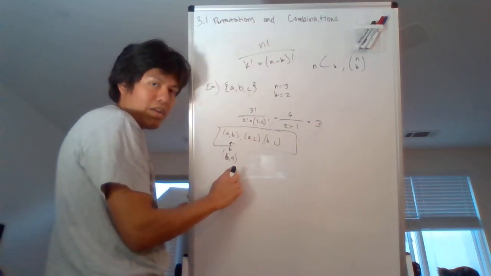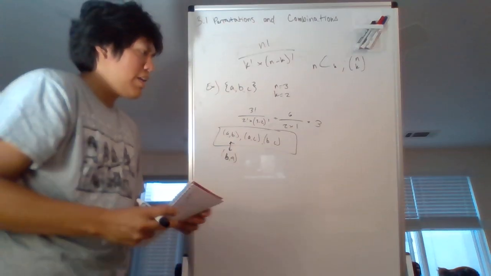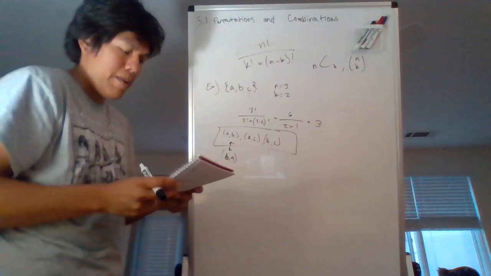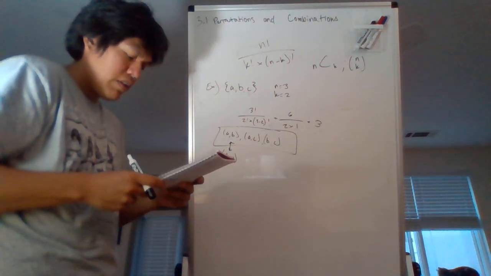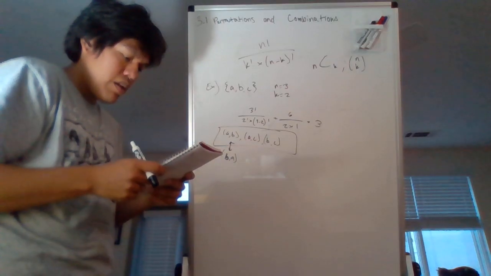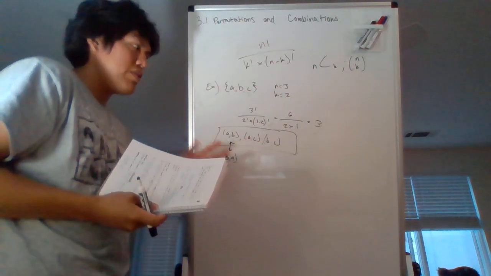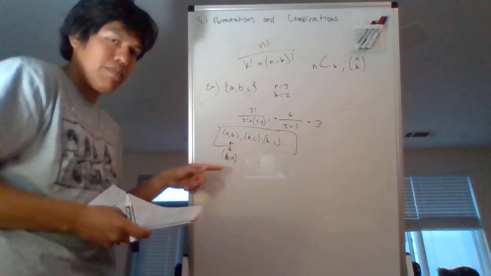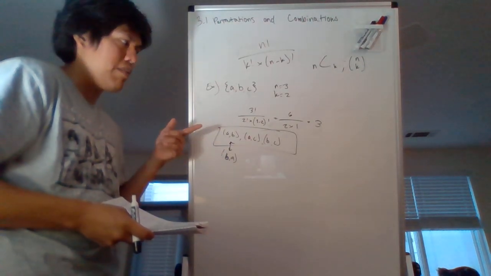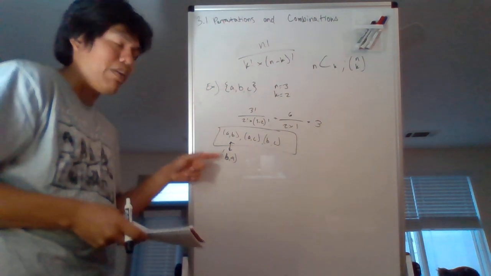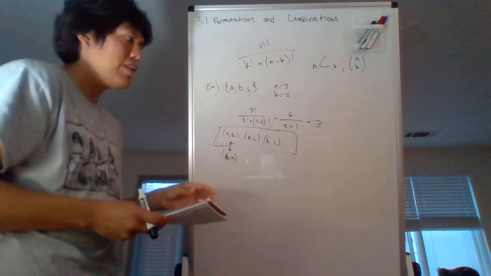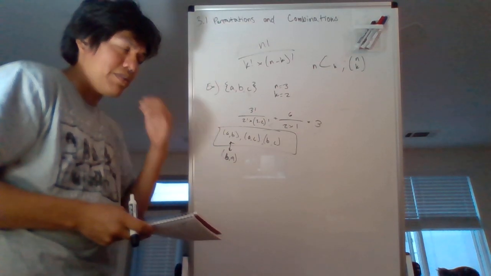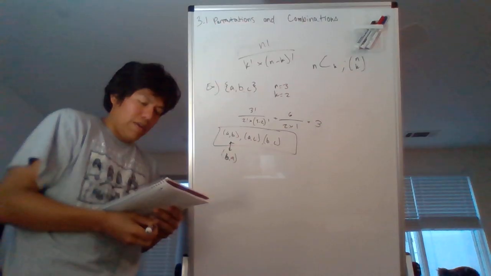AB and BA are the same. That's why there aren't 6, there's just 3. In permutations, A, B and B, A would be counted separately, but for combinations, they're not counted separately. They are the same combination, just because they're in reverse order doesn't mean they're different.